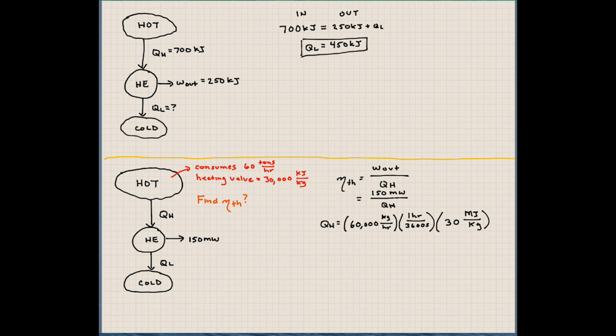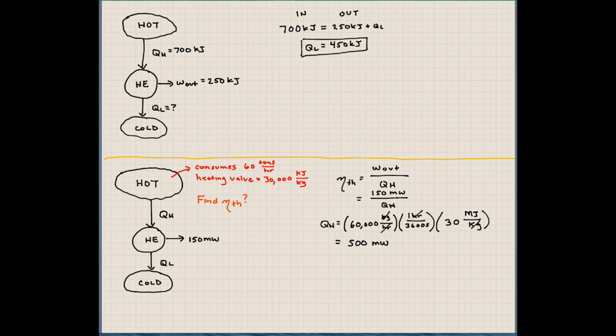Okay. We should be okay now. So let's look at our units. Kilograms cancel. Hours cancel. And our value that we obtain here is 500 megawatts.